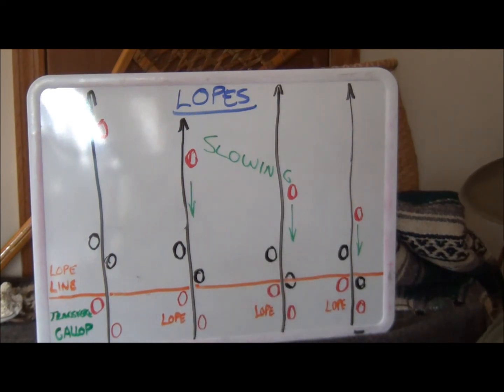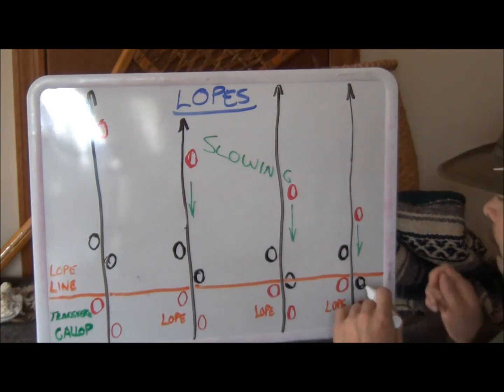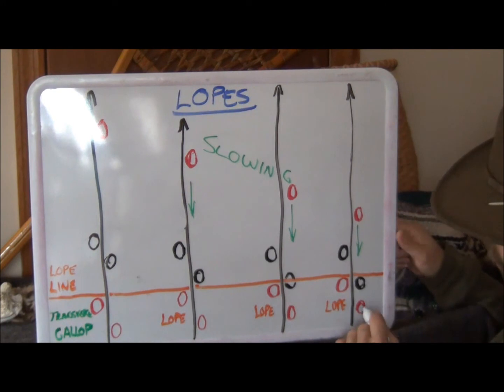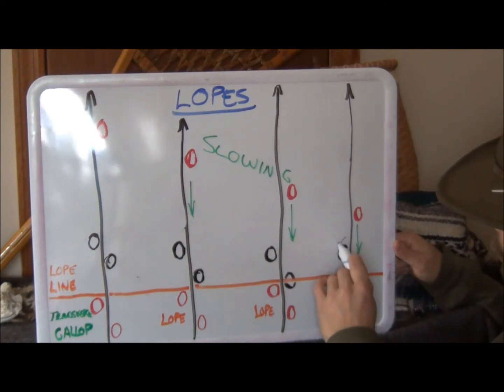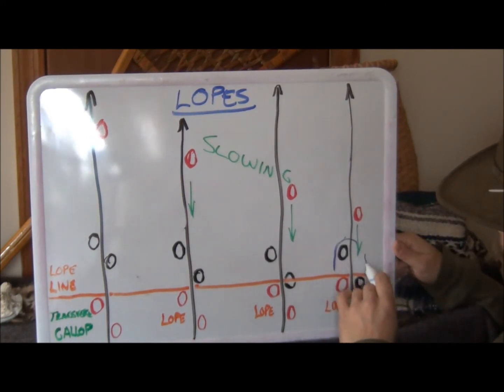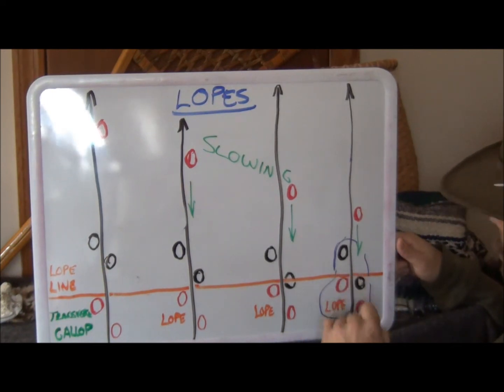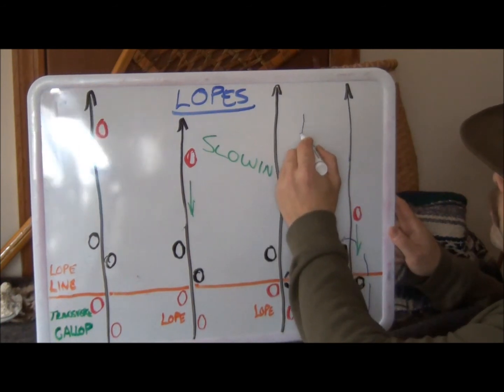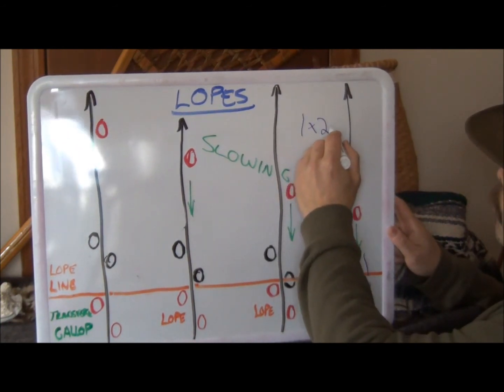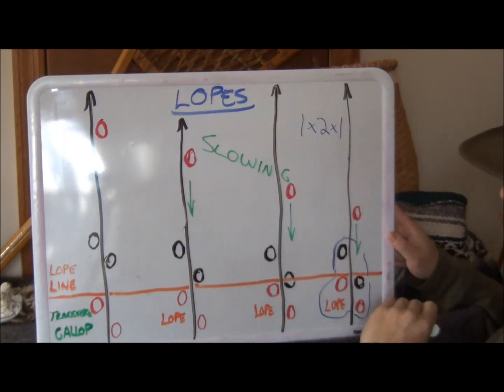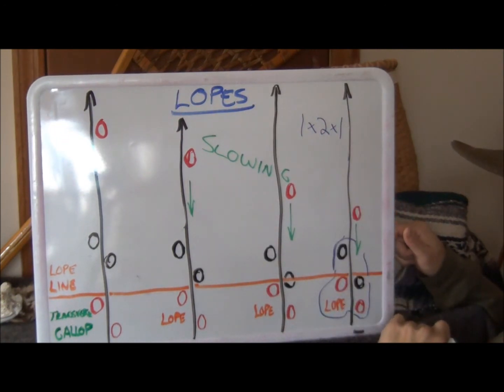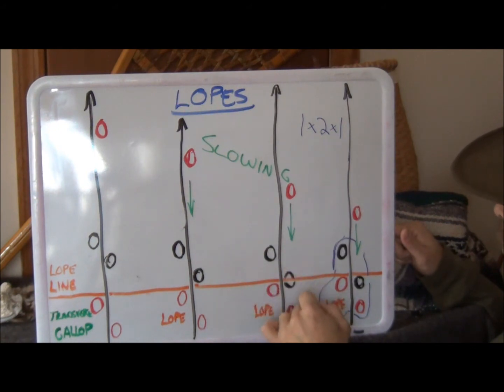When you're in the field, this group right here is named for what you actually see. This is known as a 1 by 2 by 1 lope. Pretty much this is the same variation.